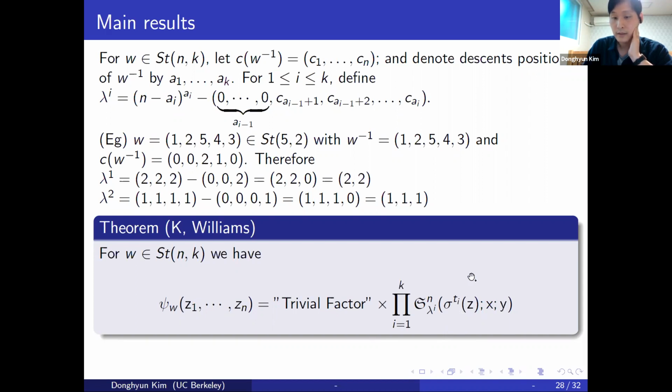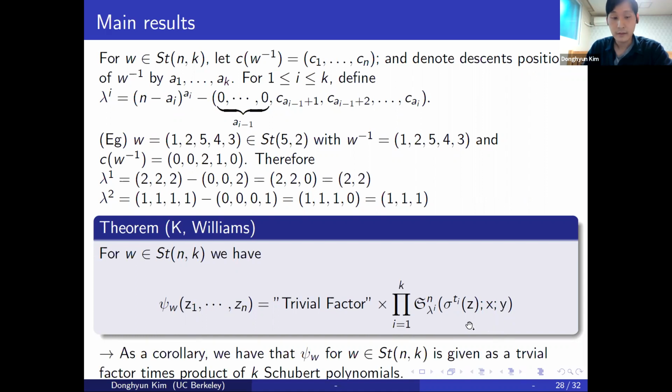I did not exactly say what T_i is, but roughly speaking, psi of W is given as a trivial factor times Z Schubert polynomials with properly shifted Z variables. So if we take the leading coefficient of this equation, taking the leading coefficient gives psi of W. And if we take the leading coefficient of the Z Schubert polynomials, we get double Schubert polynomials. So taking the leading coefficient gives our main theorem.